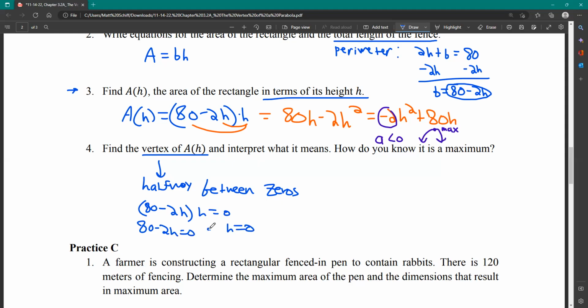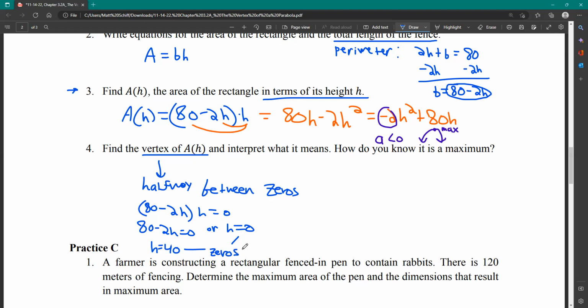So this is just zero product property. So either h is 0, already solved for, or we should get h is 40 from the other equation. Because 80 minus 2 times 40, well, that's 80 minus 80, which is 0. So these are the zeros.